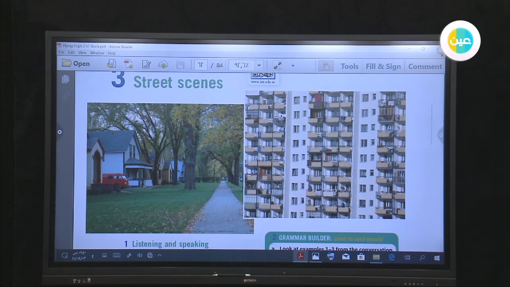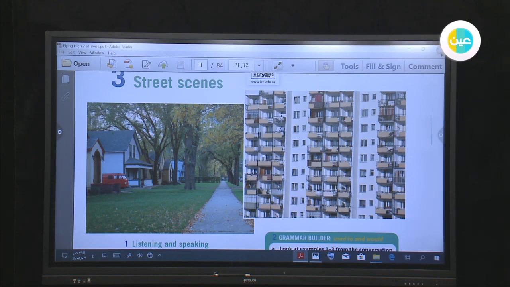They are street scenes. As you can see here, in the first one we have houses in the street. In front of these houses, we can see gardens also. And in the second one, we can see a building full of apartments, small apartments or flats. Also, we can see balconies.